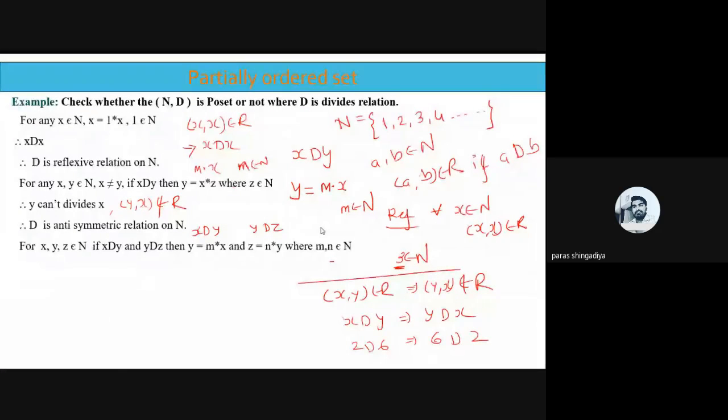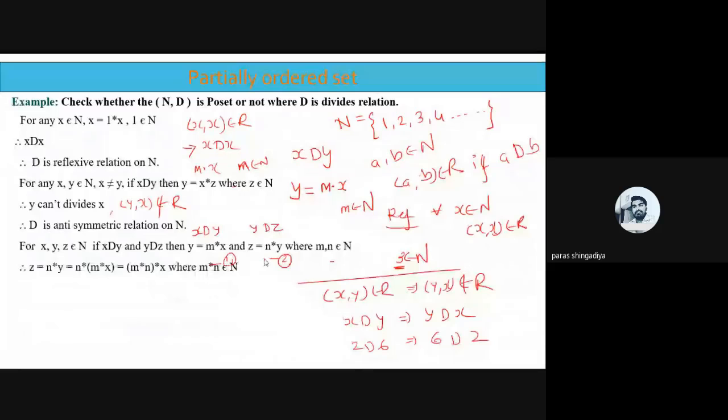So here we have two formulas: y is equal to mx, that is formula number 1, and z is equal to ny, that is formula number 2. So use equation number 1 and replace the value of y in equation number 2, and derive a new equation in terms of z and x.